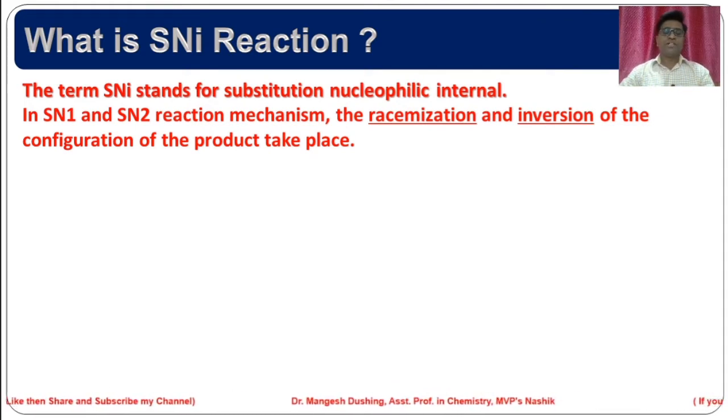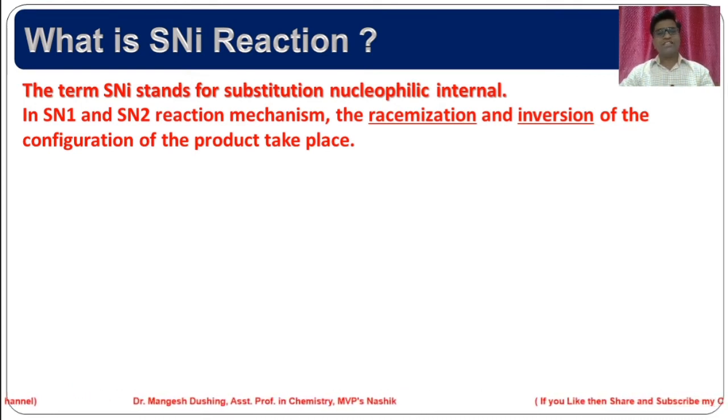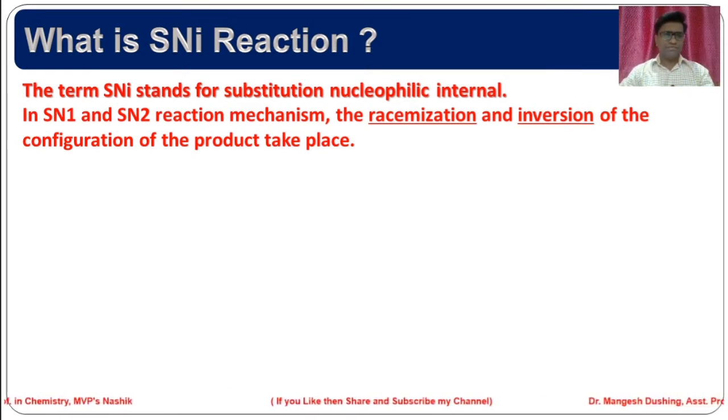So two products are possible in equal amounts, two enantiomers, and that is called a racemic mixture. So in the SN1 case we get racemization of the product, while in the case of SN2, the backside attack of the nucleophile gives us inversion of the product.